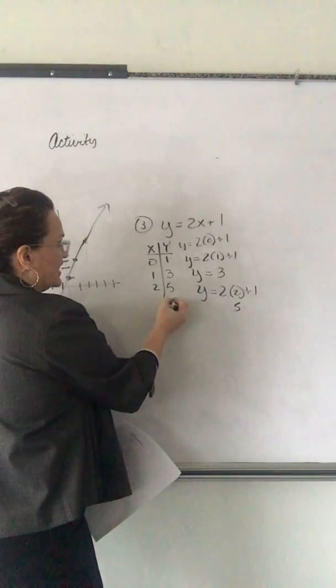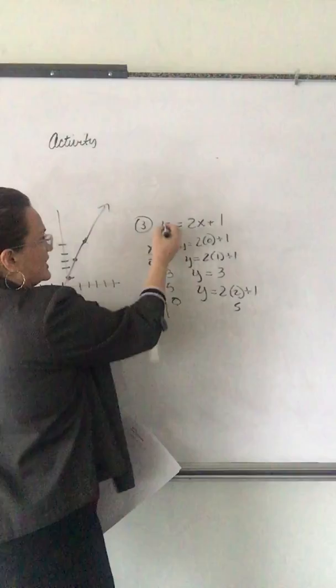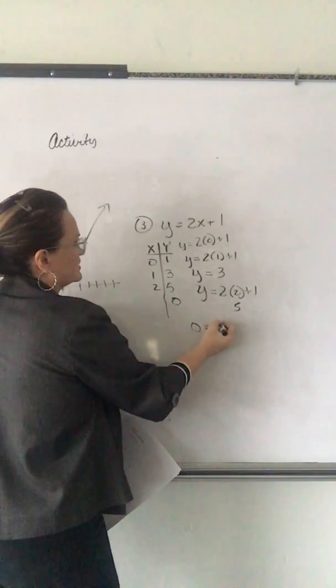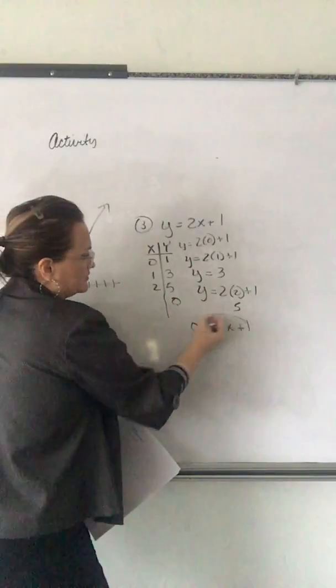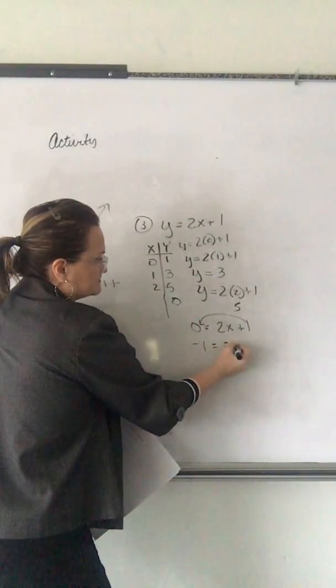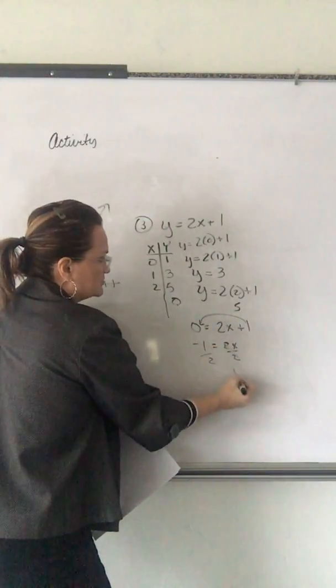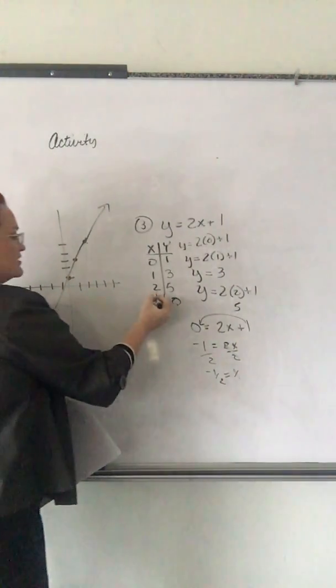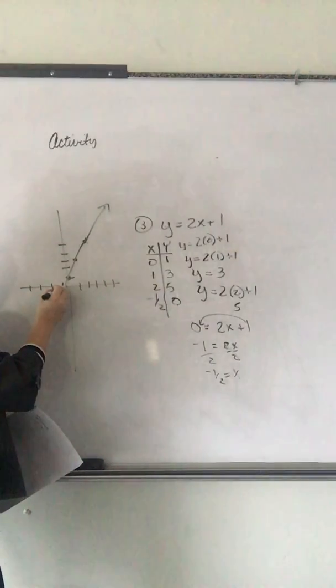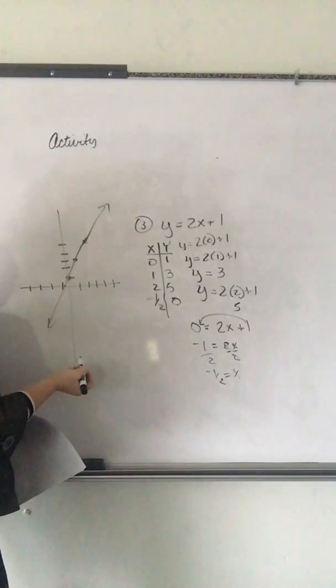Let me demonstrate that. If I plug in 0 for the y side, I have to do a little more work on this one, just the way it lays. So 0 on the y side, I have to throw the 1 across the line, divide by 2, and the x-intercept is -1/2. So it looks about right. I'm crossing the x-axis at about -1/2.